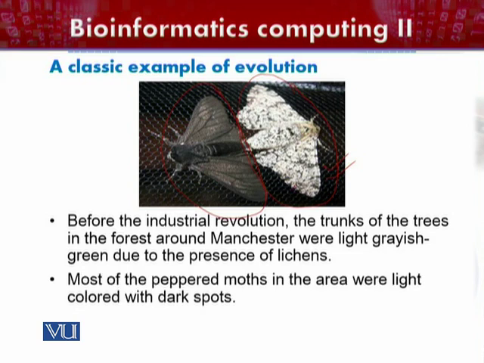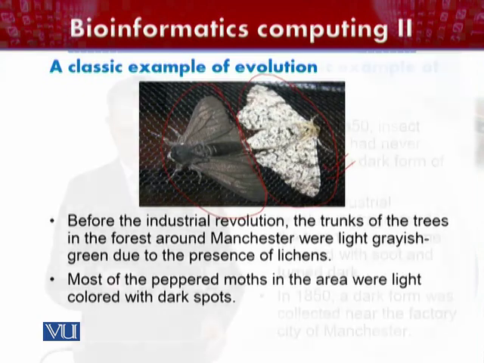Most peppered moths in the area were light colored with dark spots before the industrial revolution, and that was a very good camouflage strategy to stay safe from predators, because birds usually pick them as food.